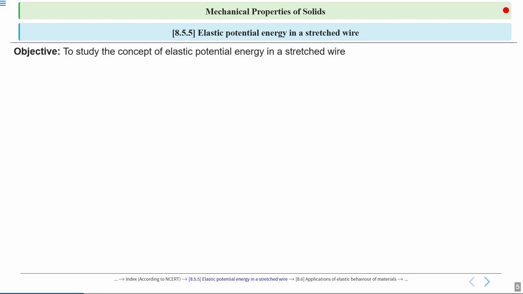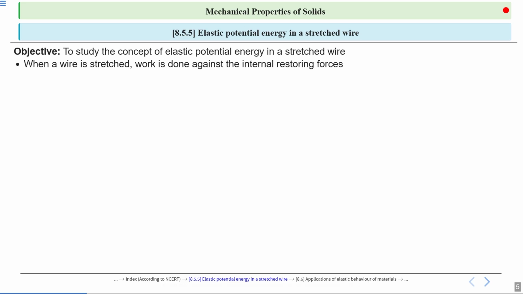So our aim is to understand the elastic potential energy in a stretched wire. Think about what happens when we stretch a wire. When you pull on a wire, you are doing work against the internal forces that try to restore the wire to its original shape.